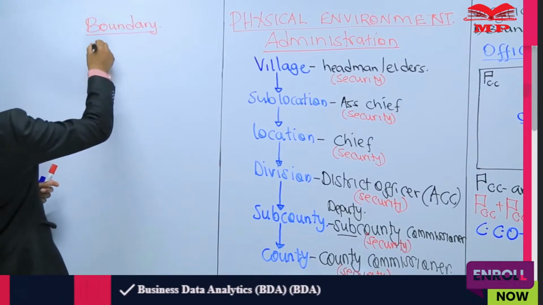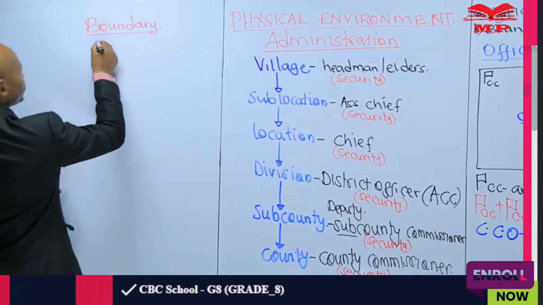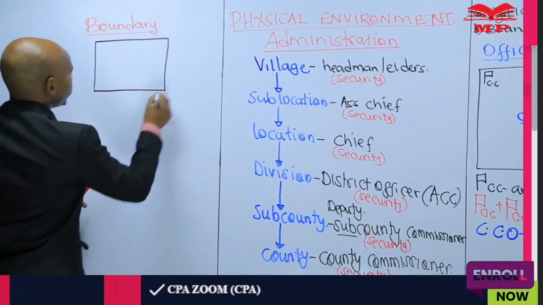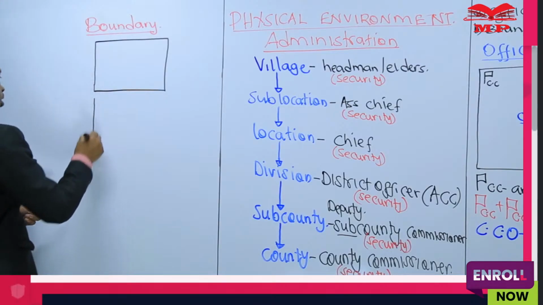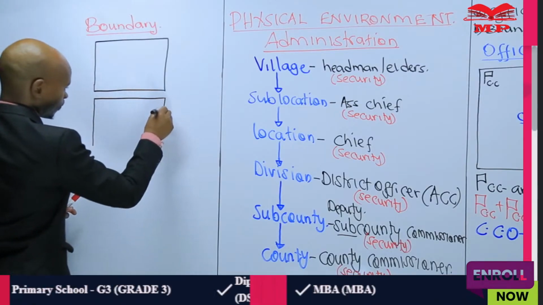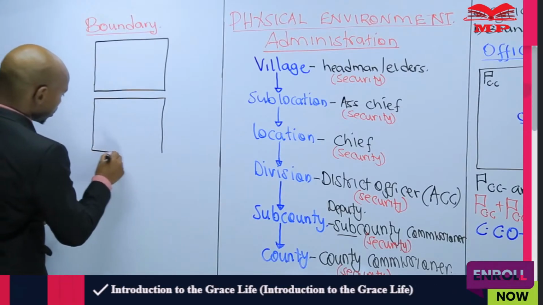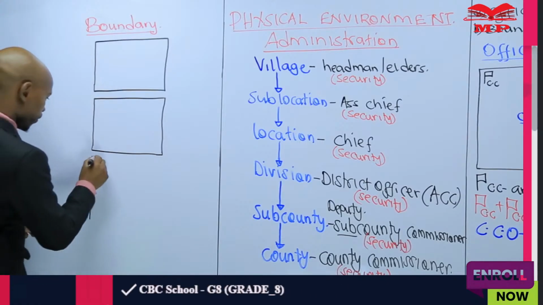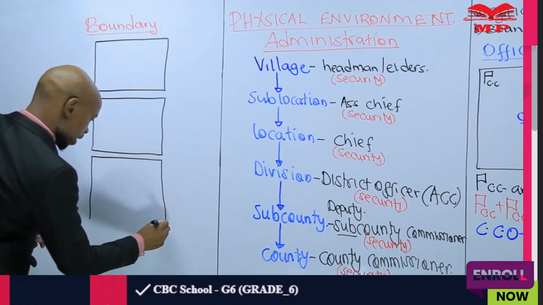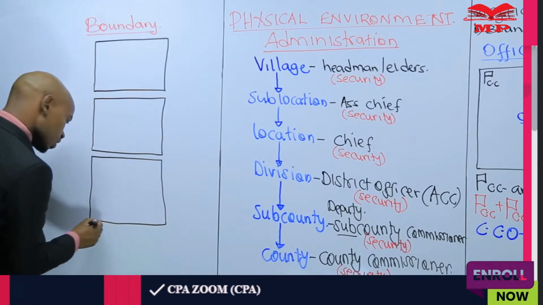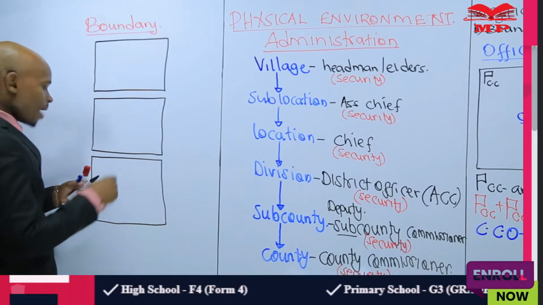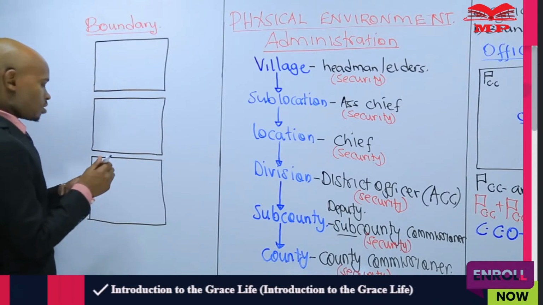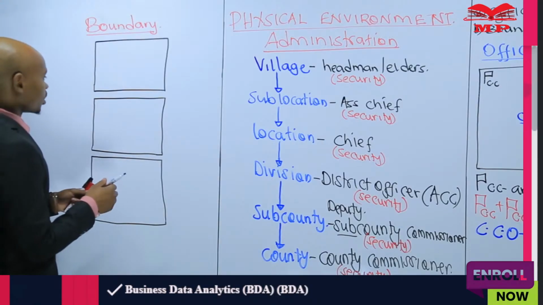Let me have a simple map. Matter of fact, I can have several. Let me have three maps so that I can demonstrate using different maps. We want to use a boundary, not an office this time round, to know who is in charge of the administration and also to know that area is likely to be a what?